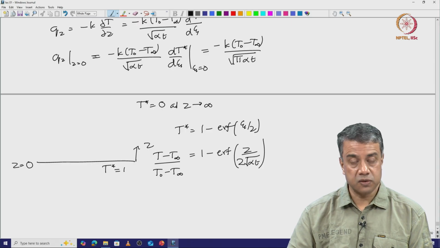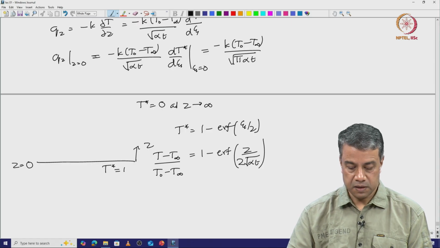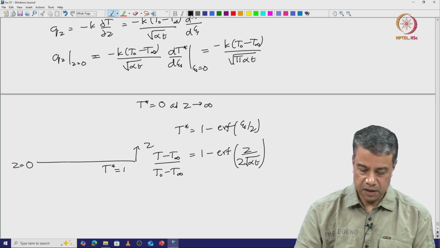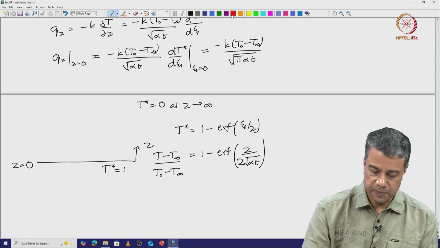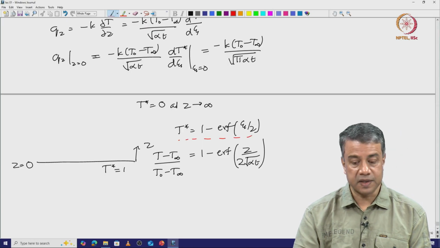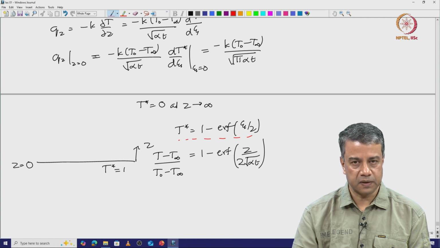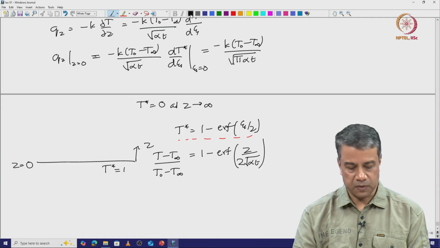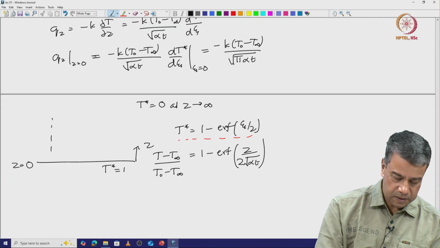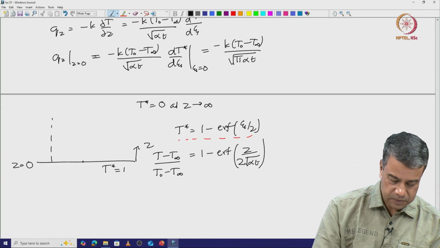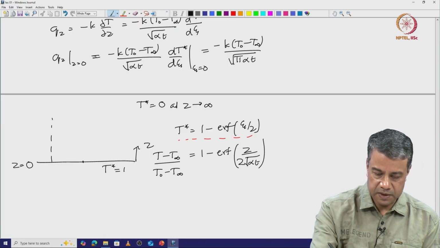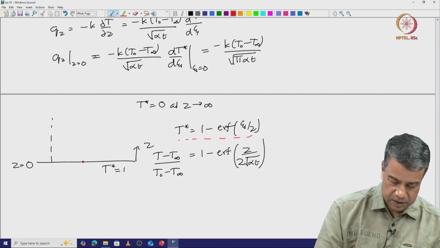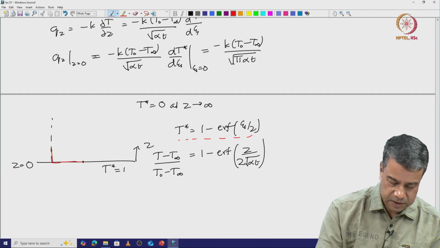So, this is the solution. Now, what does the solution state? You can see that this temperature field depends only upon psi, where psi is z by root alpha t. Initially, when t is small, T star is equal to 1 here. At initial time you just have a temperature field that looks like this: T star is 1 at z equal to 0 and it is 0 everywhere else.